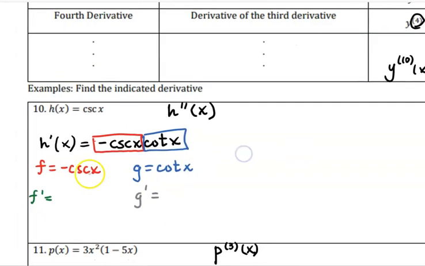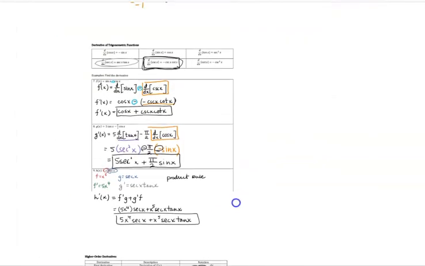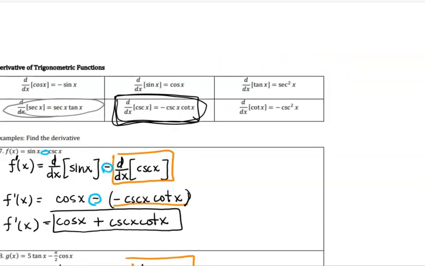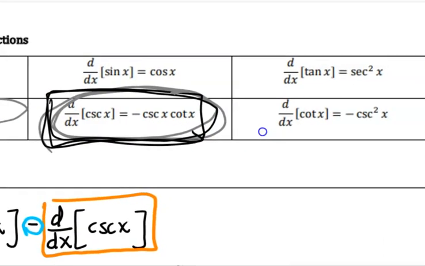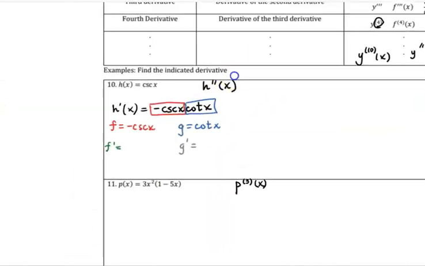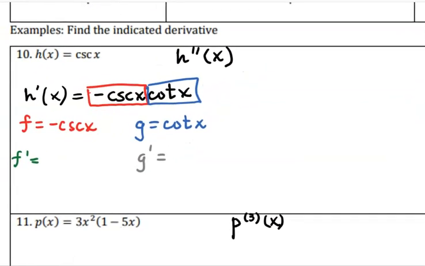F prime: the derivative of cosecant is negative cosecant cotangent, and there was already a negative there. So that's going to come out to be a positive cosecant cotangent.